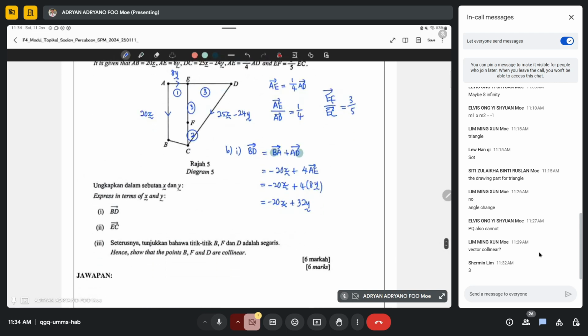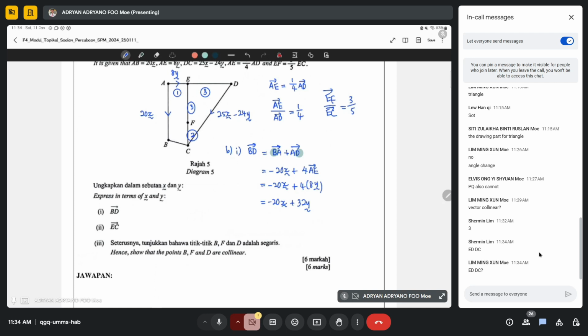Okay, now EC. How to find EC? How do you walk EC? 你有怎么样的路线可以走 EC？ED DC. Okay good. ED DC 最容易咯，ED DC. Kan senang je kan.